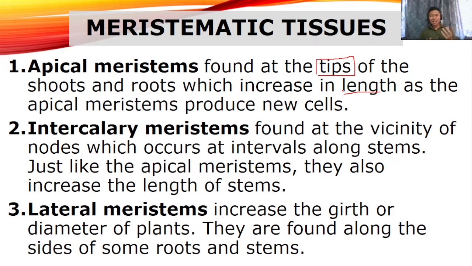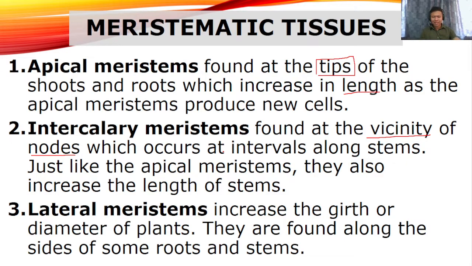For the intercalary meristems, they are found at the vicinity of the nodes, which occurs at intervals along stems. Okay? So, they are the growth system happening in between the leaves of a plant. Okay? So, that's how fast plants can grow because they have different growth mechanisms.